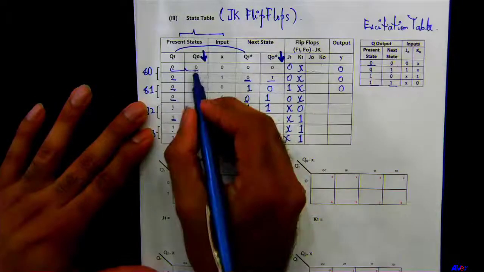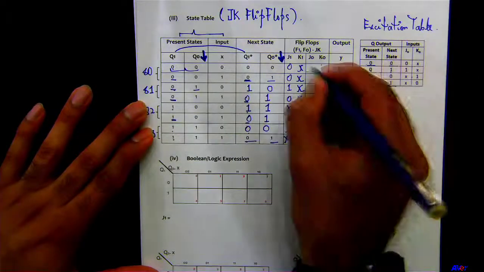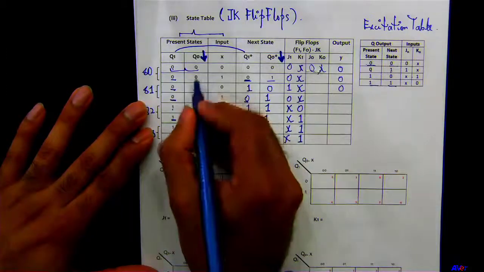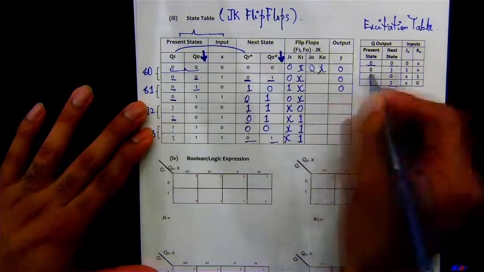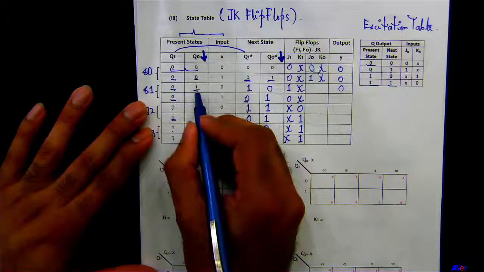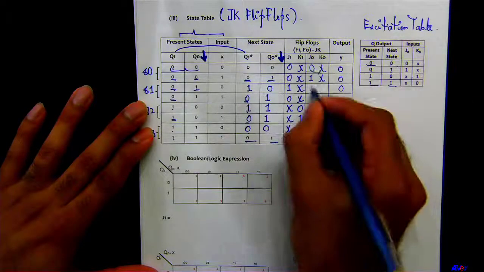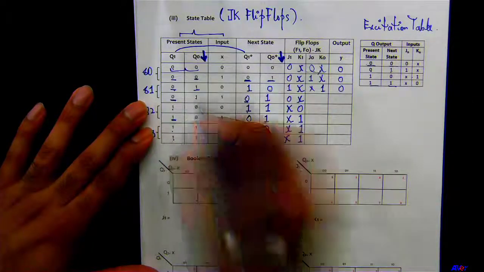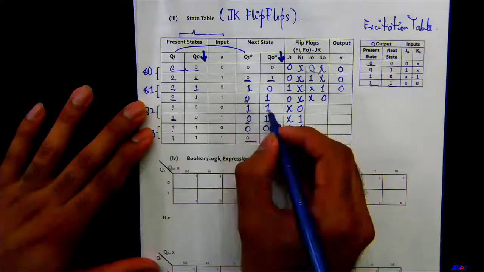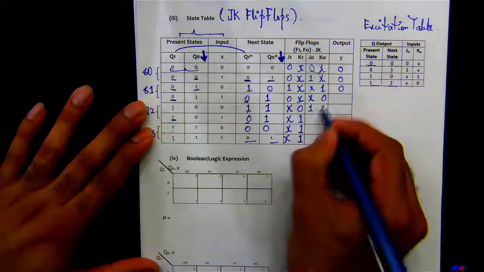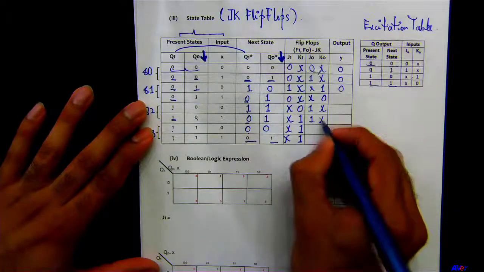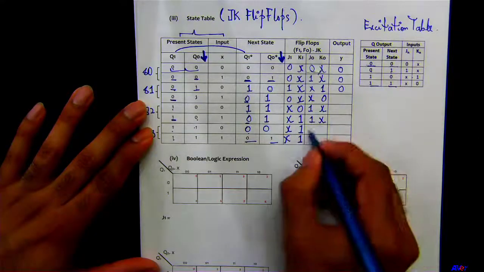Initially we got 0 and 0. 0, 0 gets you 0, don't care. 0 and 1 gets you 1, don't care. 1 and 0 gets you don't care, 1. 1 and 1 gets you don't care, 0. 0 and 1 gets you 1, don't care. 0 and 1 gets you 1, don't care. 1 and 0 gets you don't care, 1.